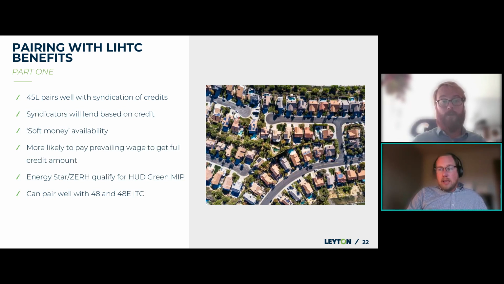Again, also 45L has the benefit of prevailing wage. LIHTC developments commonly include prevailing wage as part of the requirements for funding. As I mentioned, some of those federal subsidies that might come into play require prevailing wage to be paid. So again, this alignment of getting the maximum value of 45L is much more easily achieved.